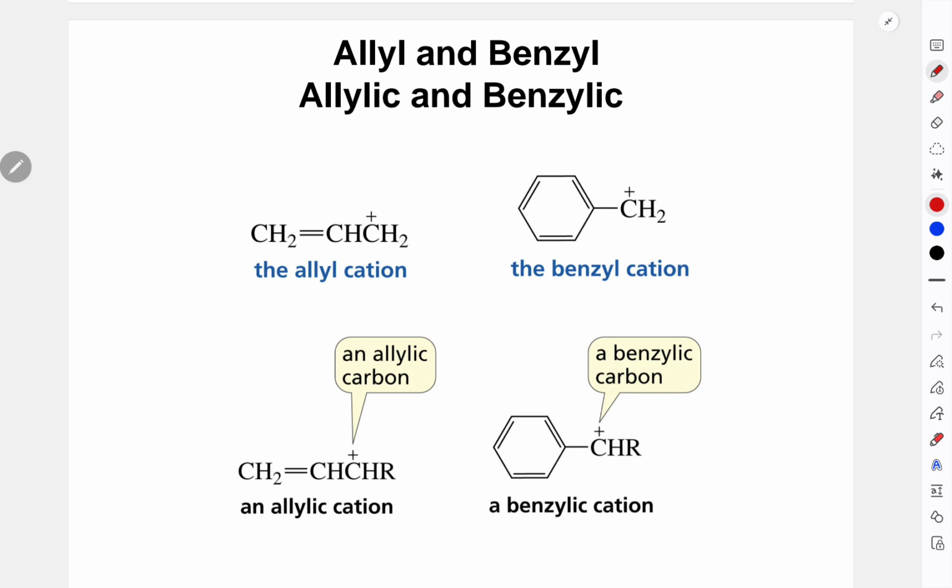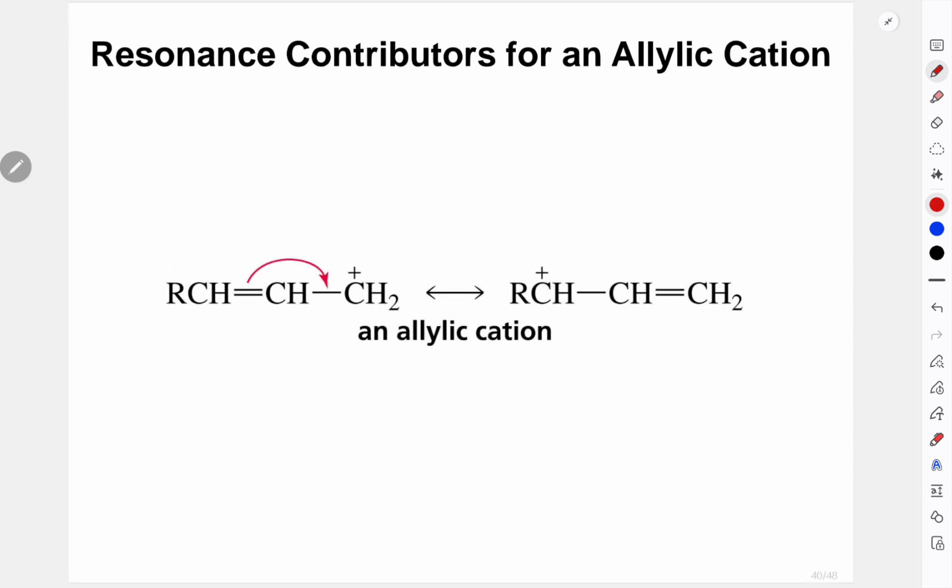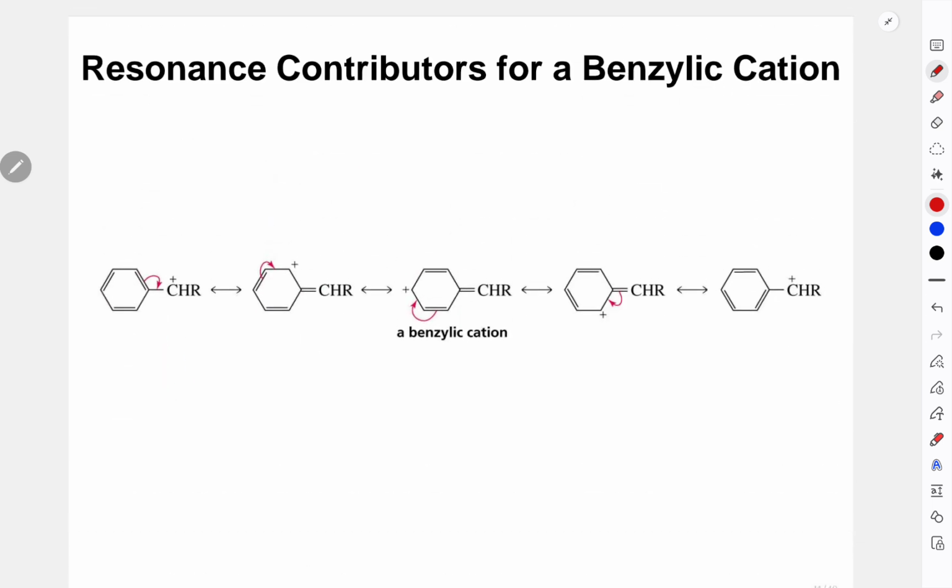So these show very unique stabilities. Movement of the pi electrons allows you to draw the second contributor for the benzylic cation. Of course, you can draw multiple resonance contributors because the benzene ring can accommodate multiple resonance structures. So you should be able to draw all these resonance contributors.